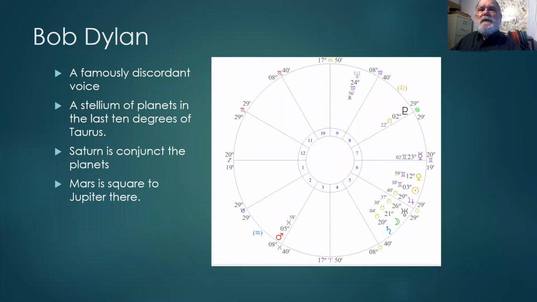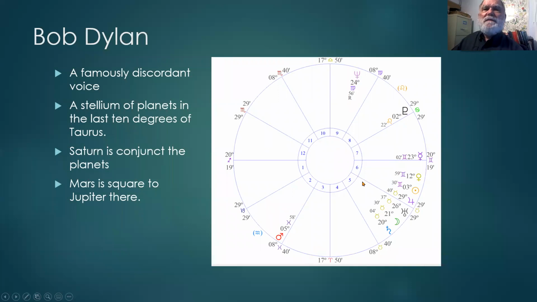And so here, the voice would be where we find Taurus, right? And Venus also. So we have here a stellium of planets all conjunct Saturn. Okay, so that's not the marker for a beautiful voice, right? And then of course this has the beautiful Uranus Neptune trine there, something to say there.